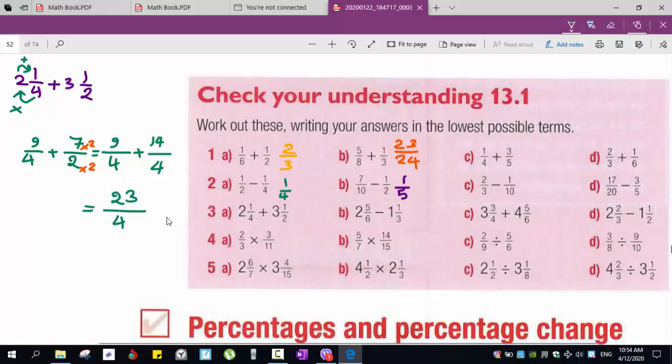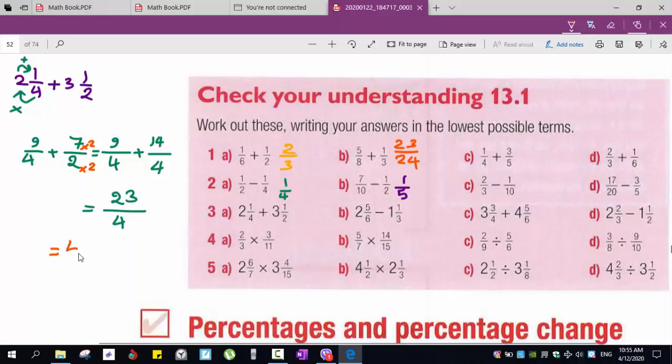Now, since the question says lowest term, when you see that the numerator is greater than the denominator in an improper fraction, it means it's not in the simplest form. It's not lowest term. We have to represent this improper fraction as a mixed number. For 23 over 4, you can simply ask how many 4s are there in 23?